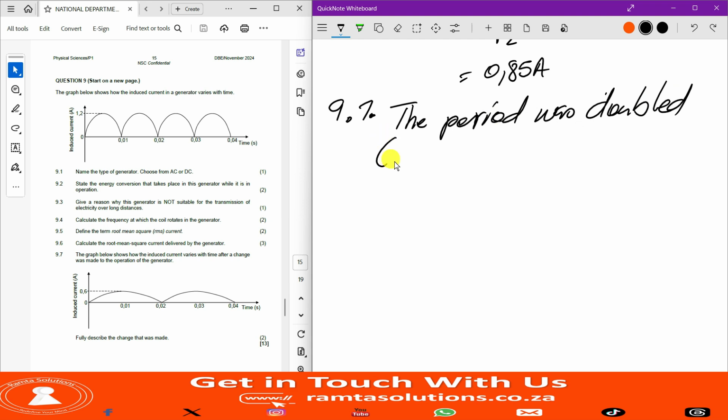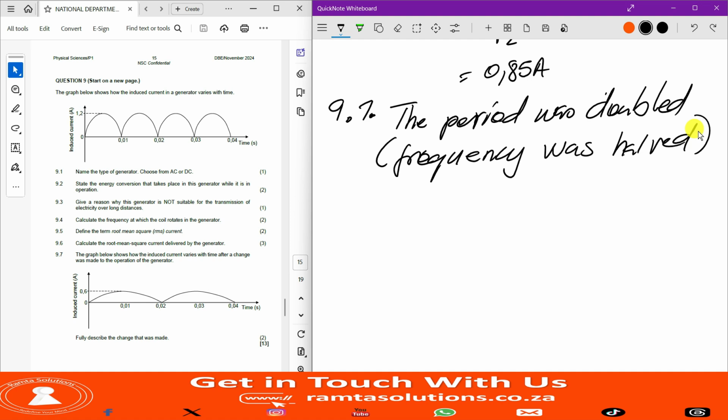What this means is that the frequency was halved. So what are the things that can make this happen?